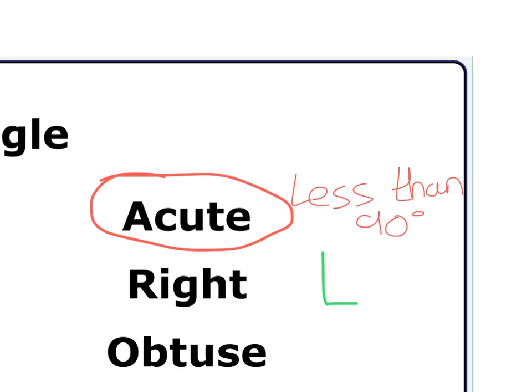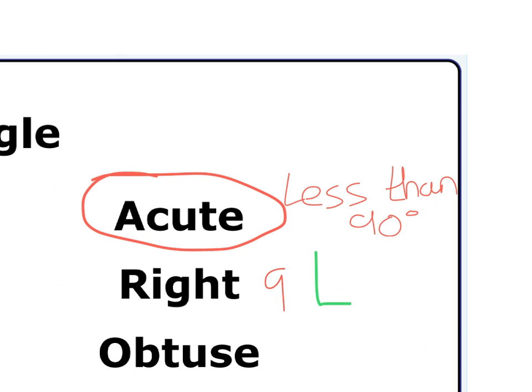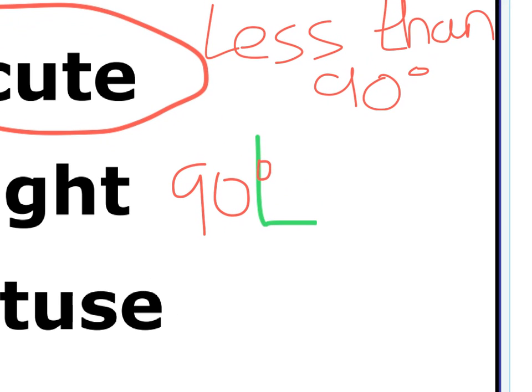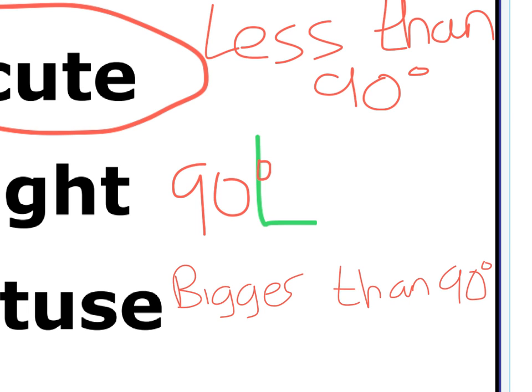Now we know a right angle is exactly 90 degrees. An obtuse angle is bigger than 90 degrees. However, it is less than 180 degrees.